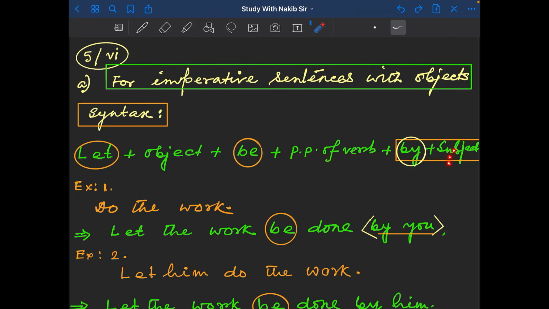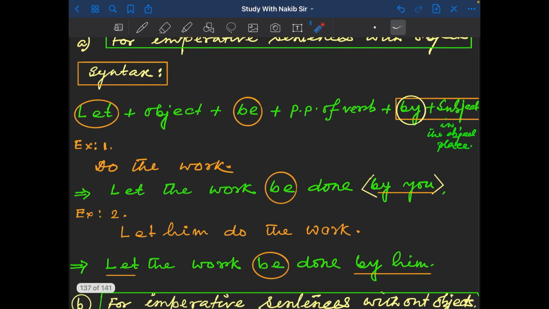Actually it is the subject, but it is the subject in the form of object, the subject in the objective form, in the object place or form.